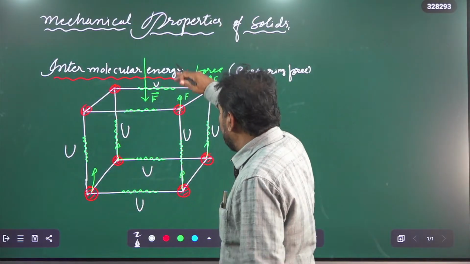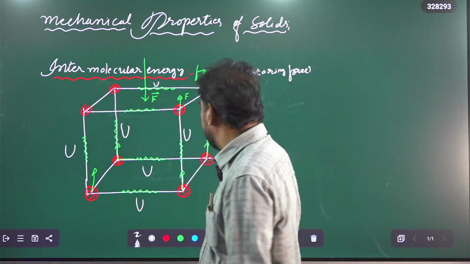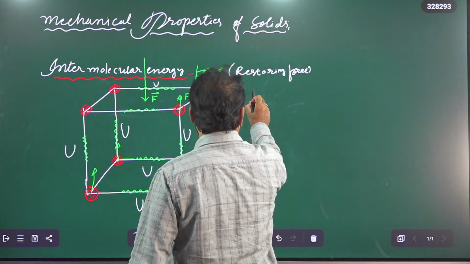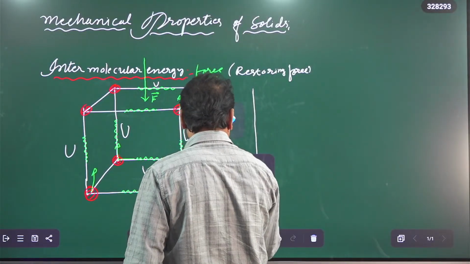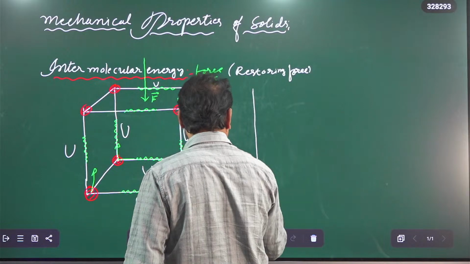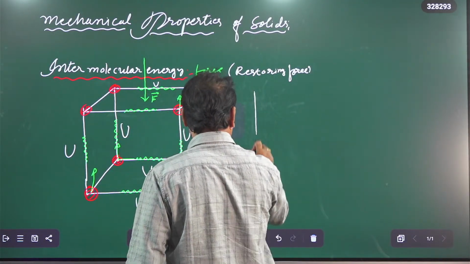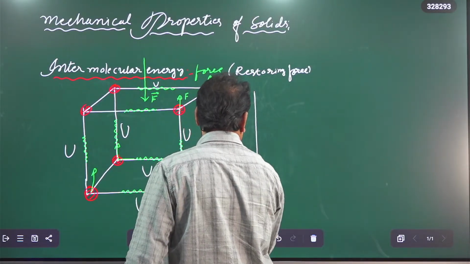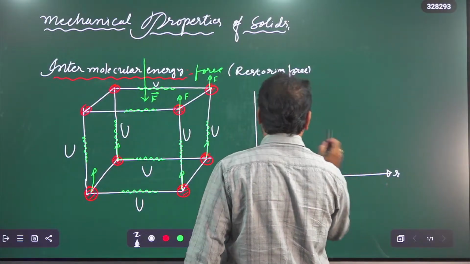So when we apply some amount of force, how does the distance between the molecules change? Let us draw the graph between intermolecular force and the distance between the atoms.